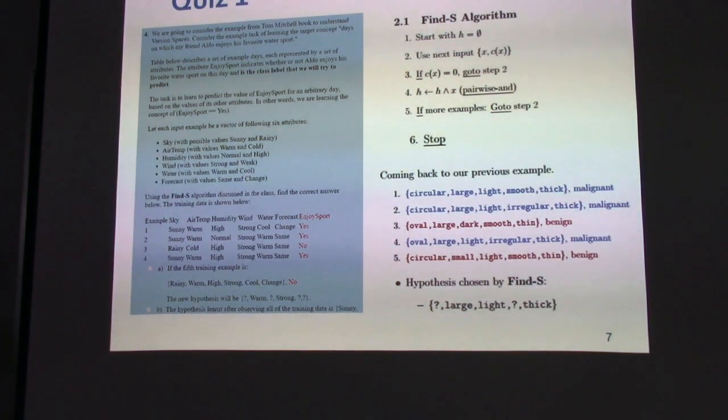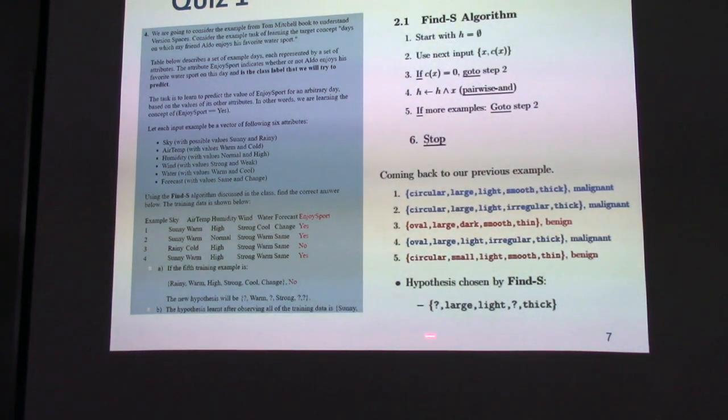I just want to emphasize that in Find-S, you only need to consider the positive examples. If you come to a negative example, you just ignore it and go to the next step.